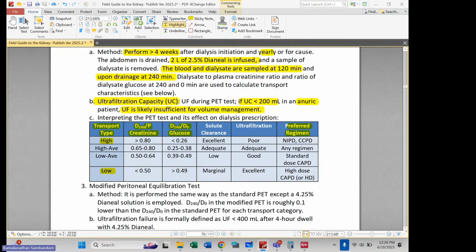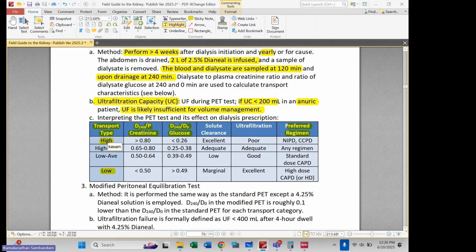If I have a high transporter, you would want to minimize the time for equilibration between the dialysate glucose and the patient's serum glucose. So you'll do that by shortening dwell times. Long dwell times in a high transporter will result in negative ultrafiltration in some cases. Okay?